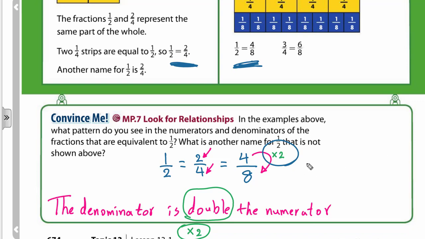Okay, let's give him another example, because in the question we need another name for 1/2 that is not shown above. So we need another one. Can you, Abdulaziz, help me? Yeah, of course. But explain to your friends when you say it. Go ahead.